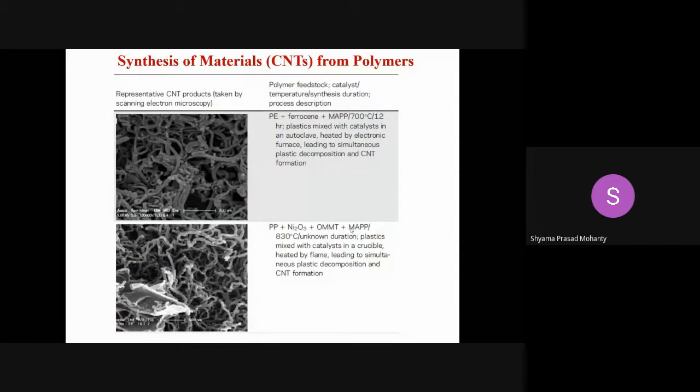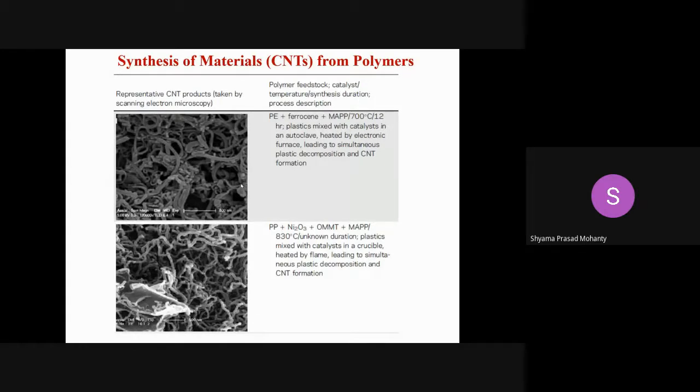So what has been reported in literature for the synthesis of carbon nanotubes from polymer waste? You can observe here the carbon nanotubes which have been synthesized utilizing polyethylene with maleated polypropylene and ferrocene as the catalyst.